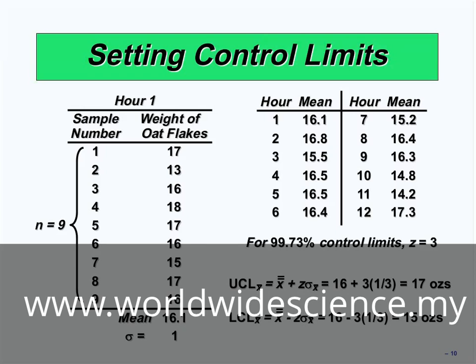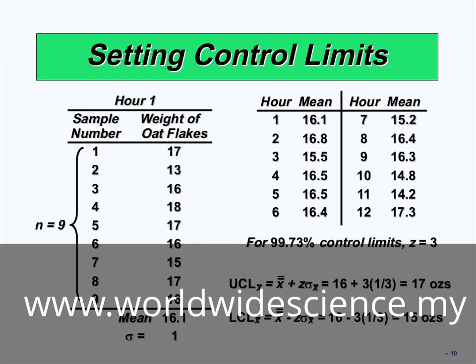X is the variable you should measure: weight, speed, temperature, and something else. When you calculate x, you should calculate x bar after that. X bar is defined as the mean of x. When you calculate the mean or the average of this x, it gives you x bar, not x bar bar.